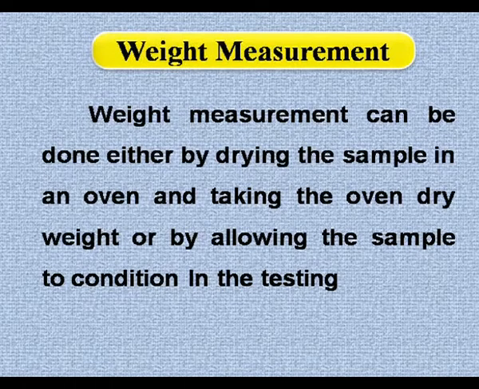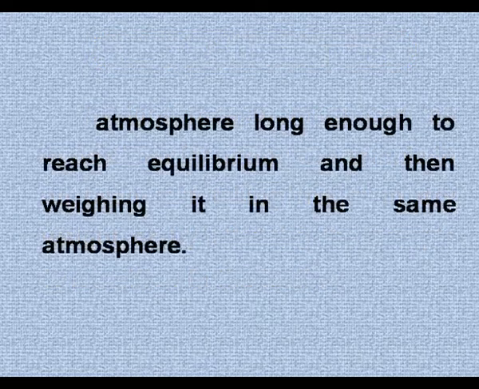Weight measurement can be done either by drying the sample in an oven and taking the oven dry weight, or by allowing the sample to condition in the testing atmosphere long enough to reach equilibrium and then weighing it in the same atmosphere. The results of the two tests might not necessarily agree.